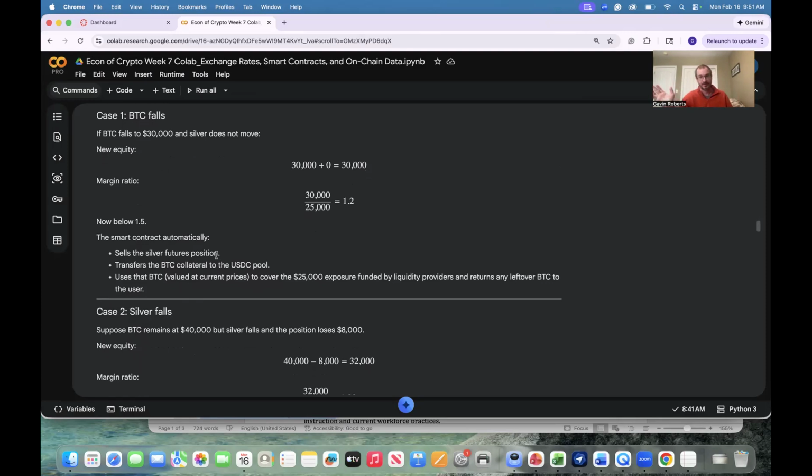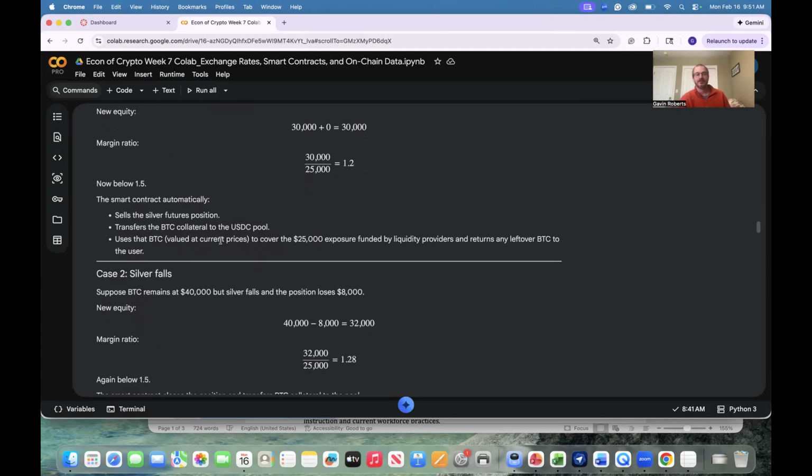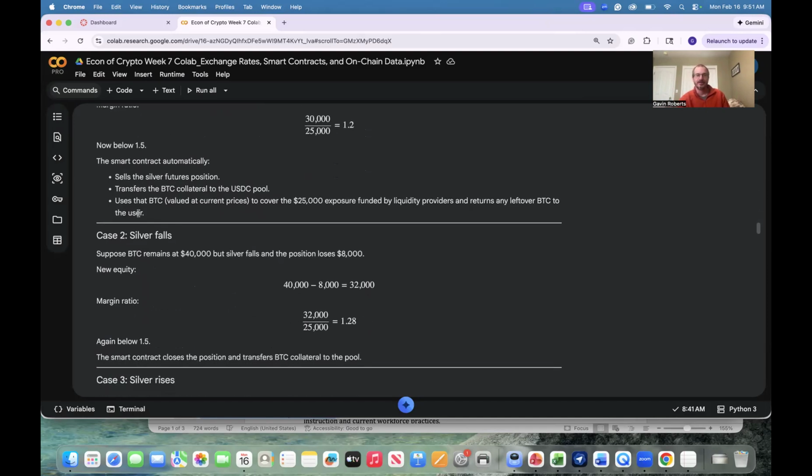It'll close that out, even though nothing's changed about that part, because we've fallen below this maintenance. It transfers the Bitcoin collateral to the USDC pool, and then it uses that Bitcoin valued at the current price to cover the $25,000 exposure funded by the liquidity providers. So it pays them back. And then the leftover Bitcoin will go back to the user.